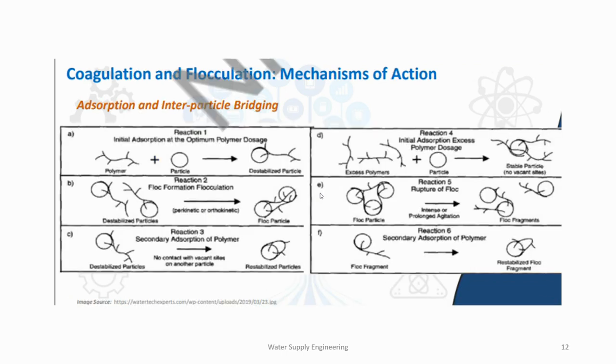Now the third one is adsorption and interparticle bridging. So if we are adding polymer coagulants, it will get attached to the particle and becomes a destabilized particle if it is in the optimum polymer dosage, and these destabilized particles may later on join together to form flocs.